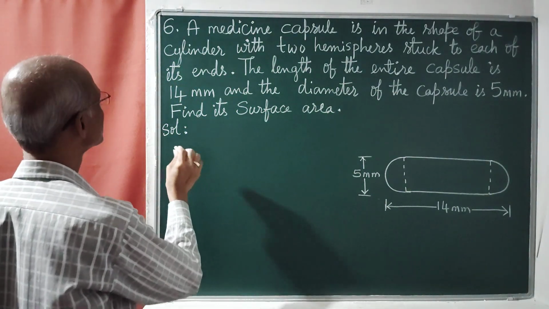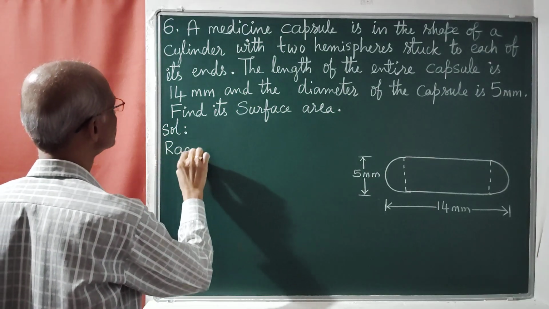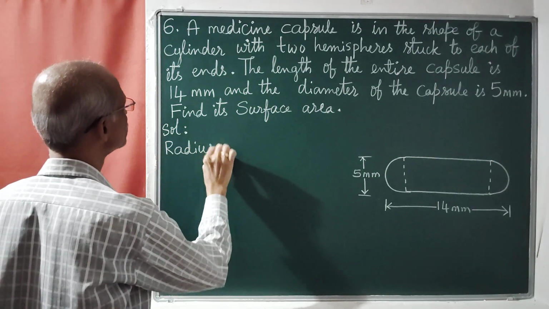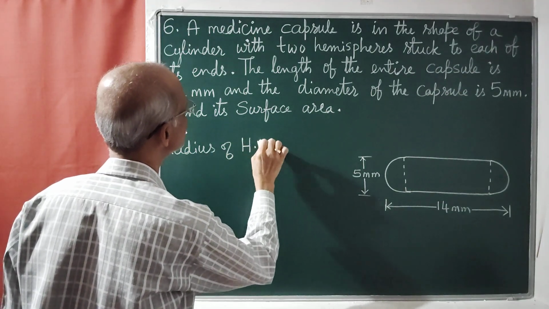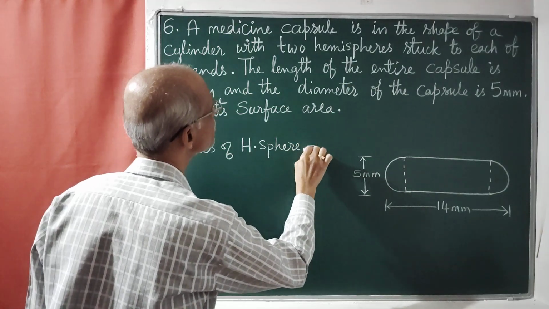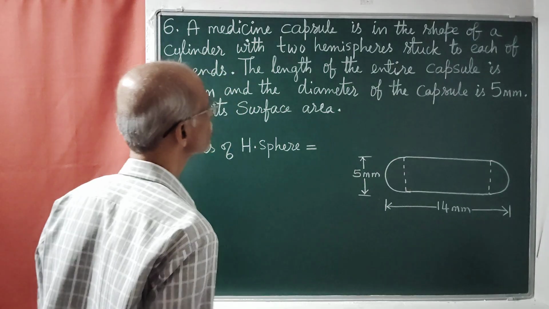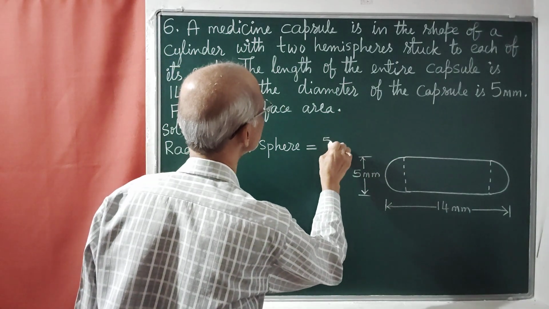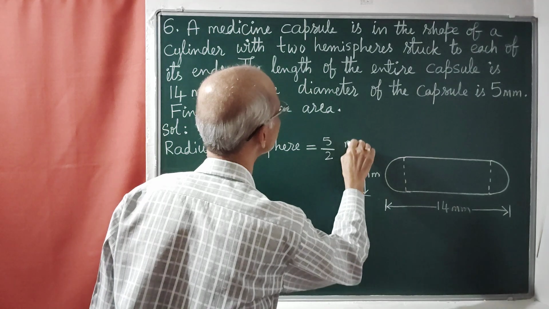So here, radius of hemisphere: the diameter is 5, so radius will be 5 by 2 millimeters.